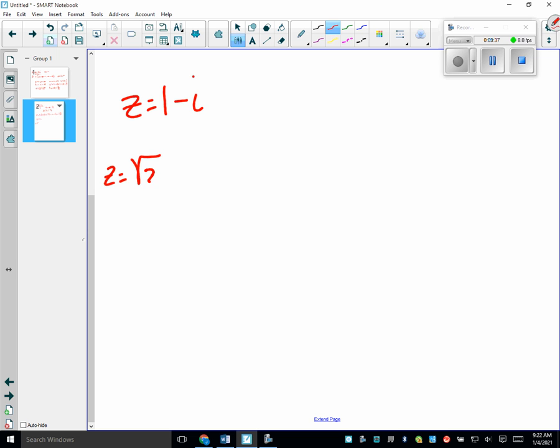So radical 2. Now, 1, negative 1. Remember I said a and b replace x and y, correct? So if I did that, x is positive, y is negative. What quadrant am I in? 4. So my angle's here, right? Isn't this one negative 1? So what is this angle right here?